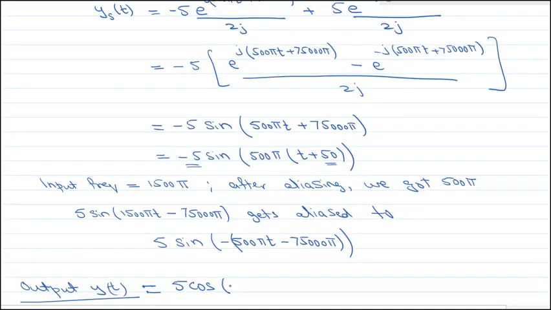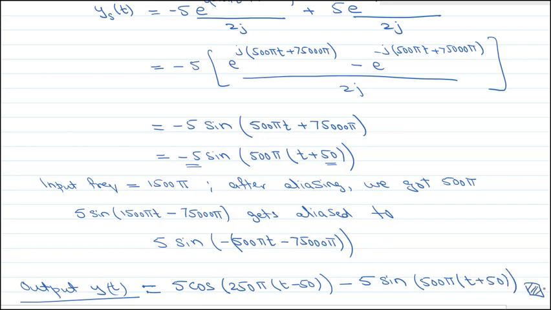So we get 5 cosine of 250 pi t minus 50. That came out as it is. But the next signal got aliased. I got minus 5 sine 500 pi t plus 50. Okay, and this is the end of your problem.